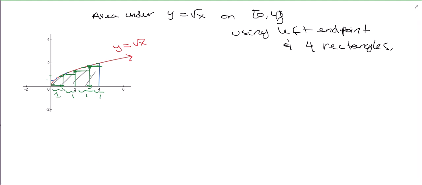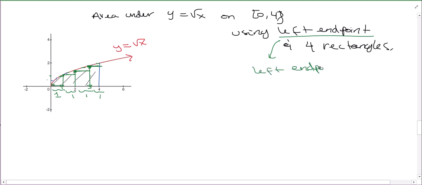Notice that I still break up my interval into 4 equal pieces, but now when I say using the left endpoint, that means the left endpoint gives the height of the rectangle.